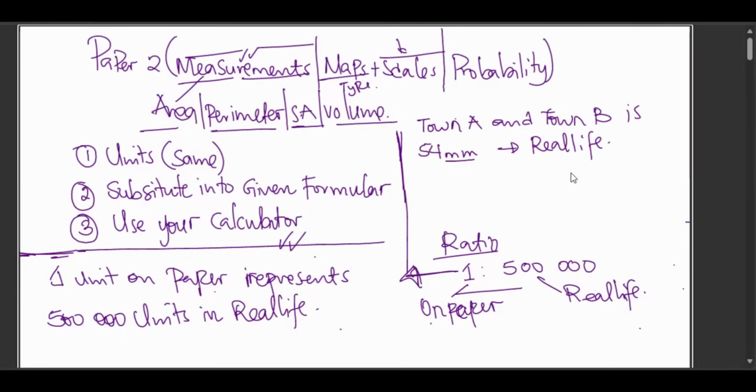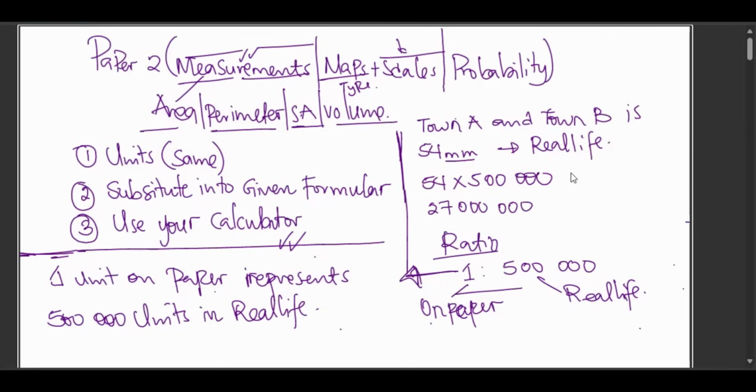So what you're going to say, 54 times 500,000. The answer became 27 million.